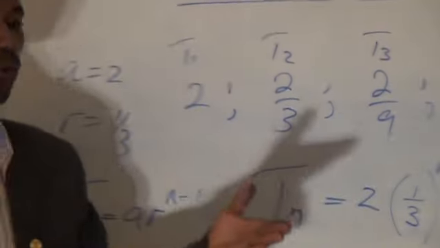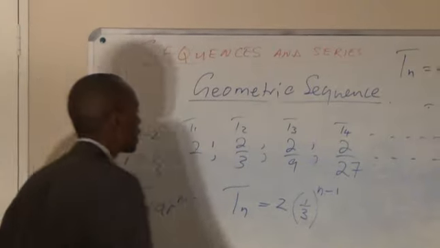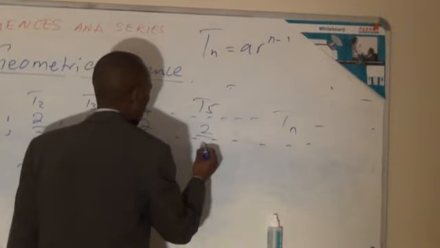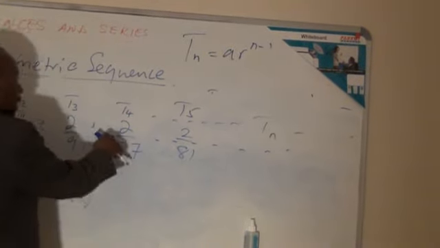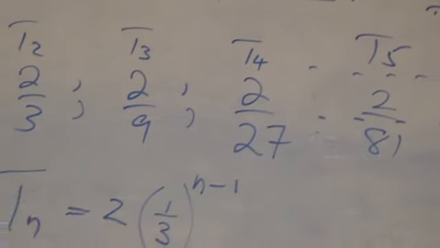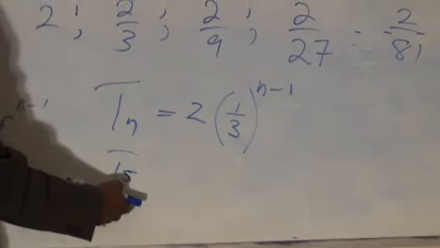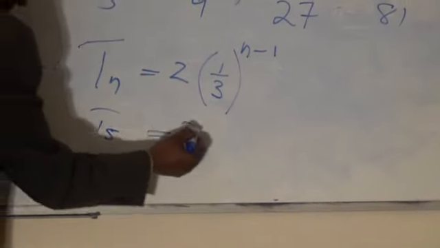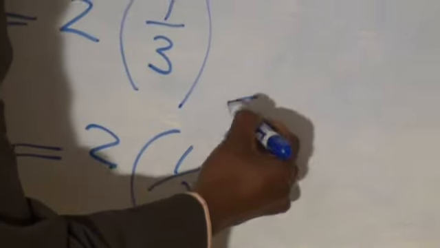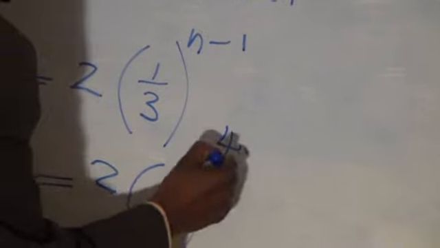So if we want to find, for example, the fifth term. We've just seen that the fifth term, T5, is 2 over 81. Because we say it will be T4 times 1 over 3. So if you want to find the fifth term, T5, n is equal to 5. So it will be equal to 2 times 1 over 3 to the power n minus 1, which is 5 minus 1, so to the power 4.